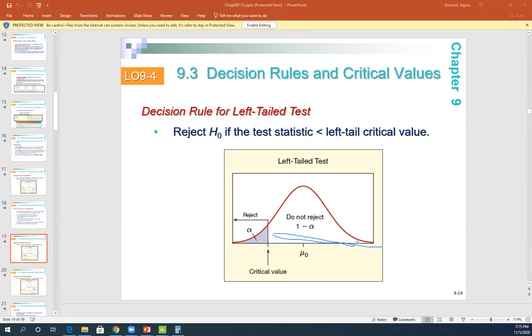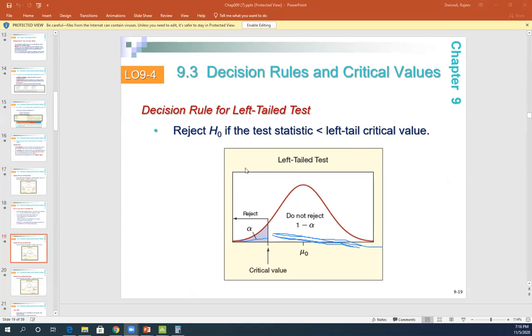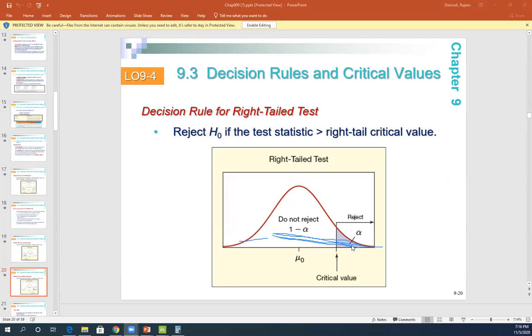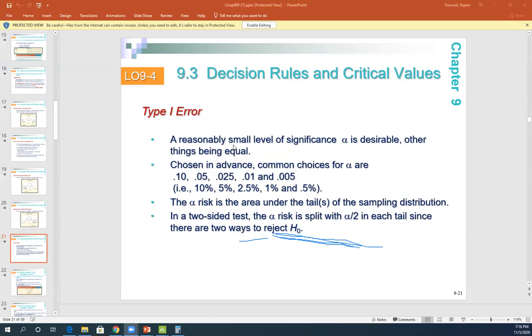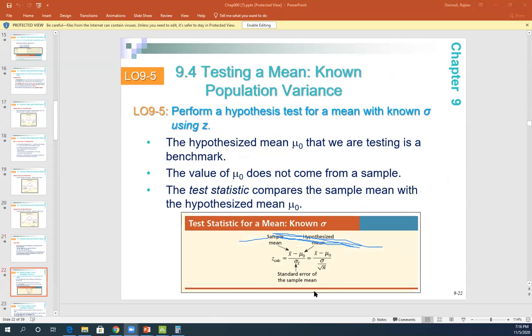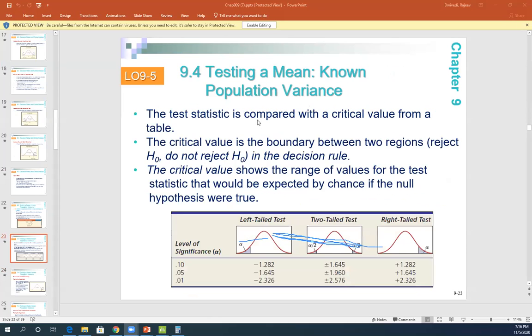Whenever you are checking greater than or less than, it is all coming on one side. So for example here 95%, all 5% is on this side. So this is a left tail test, because this is the left tail. This is the right tail, because this is the rejection region on the right side. Type 1 error and type 2 error, I just explained.